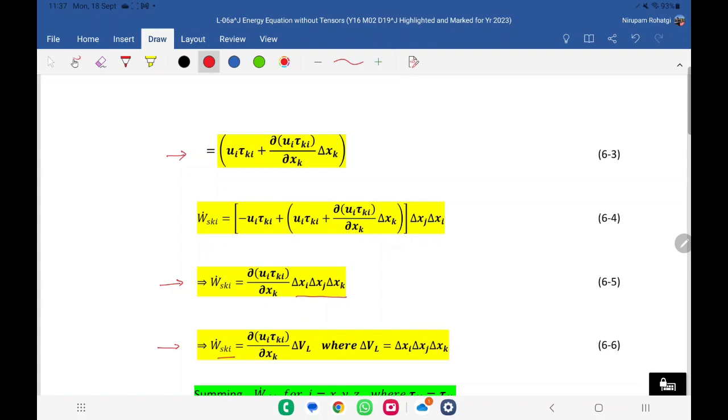You will multiply them by this component. This is nothing but delta y and delta x. Okay, your force is working on plane K.